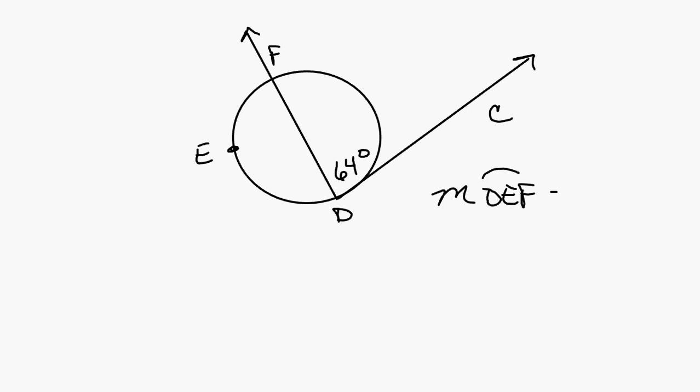Okay, so look, if this angle right down here is 64 degrees, then its intercepted arc, this arc that goes from F down to D, would be twice as big as the 64. So 64 times 2 is 128. But that's not what they're asking for. They're asking for the measure of arc DEF. This is DEF. It's the one that's around the back.